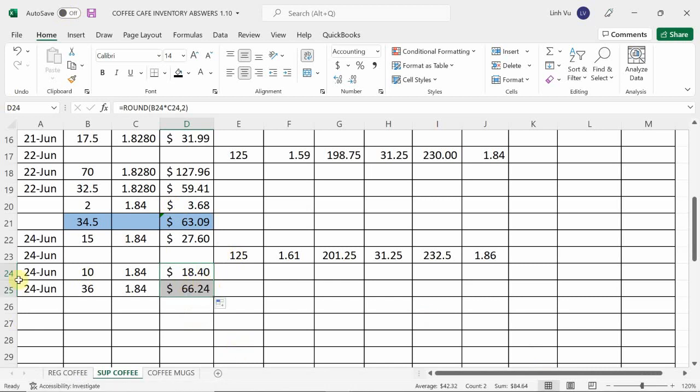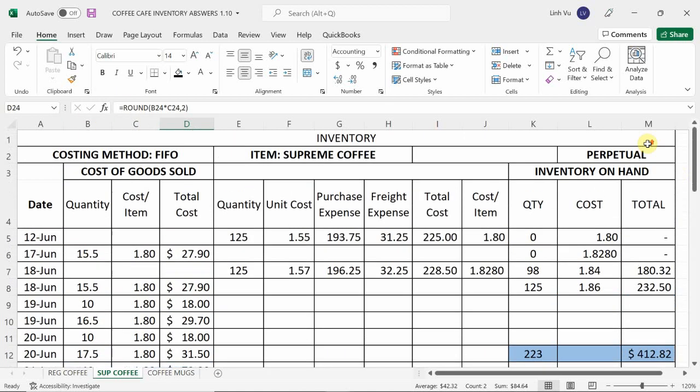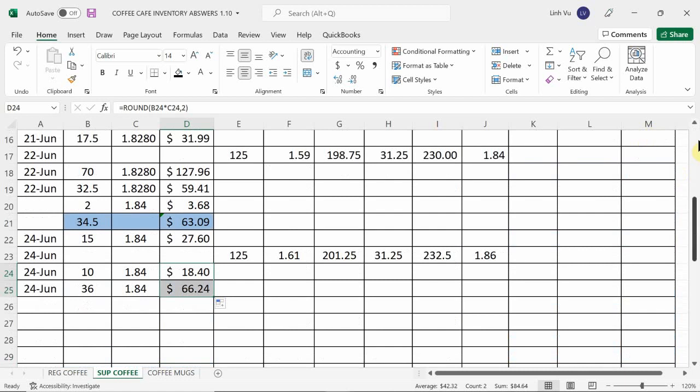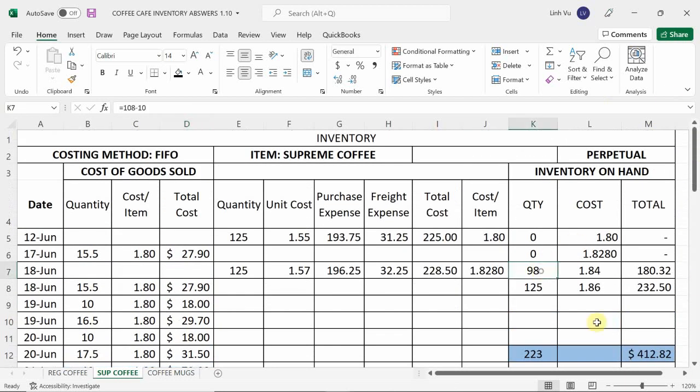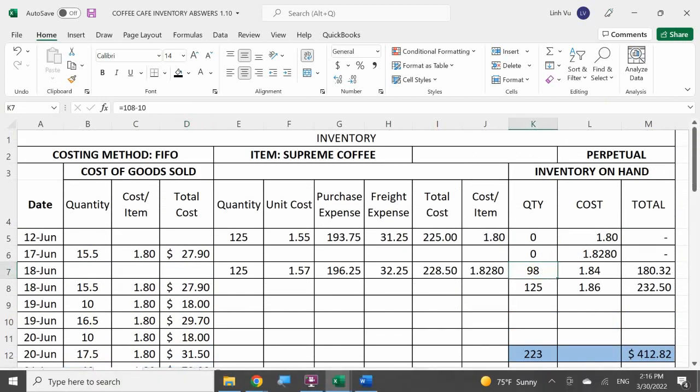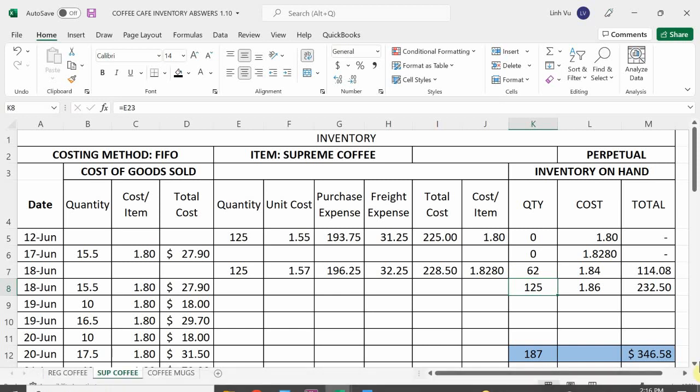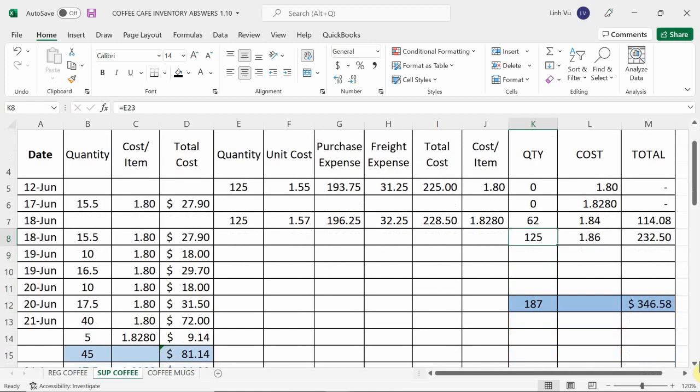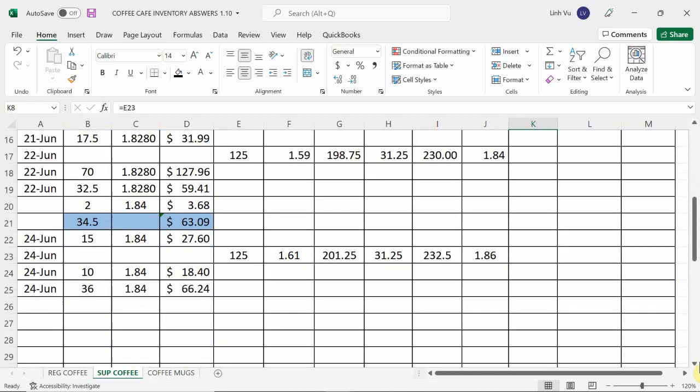Good, 66.24. So let's go ahead and update my inventory. So I got rid of 36 pounds at 66.24. So what was that? 98 minus 36 is going to leave me with 1114.08. It's going to give me an account balance of $346.58. So here's your numbers, right?